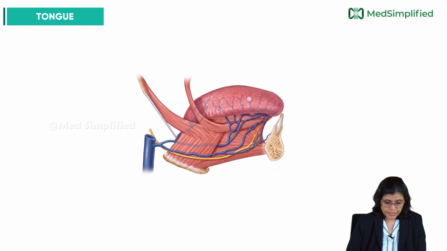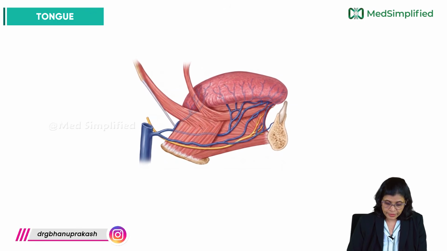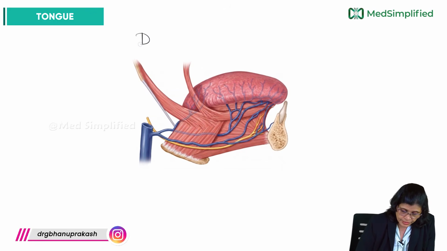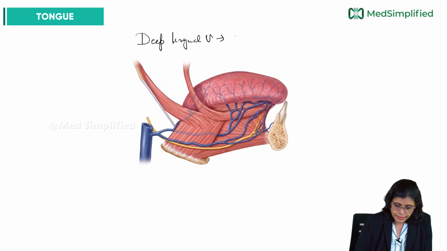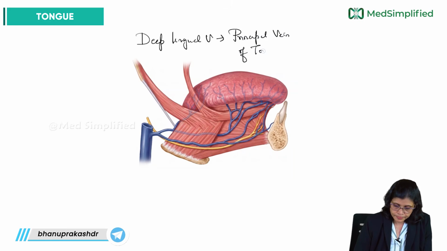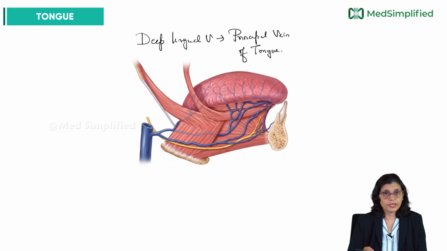The venous drainage basically follows the arteries. We have the deep lingual vein, which is the principal vein of the tongue. It is visible on the ventral surface of the tongue.